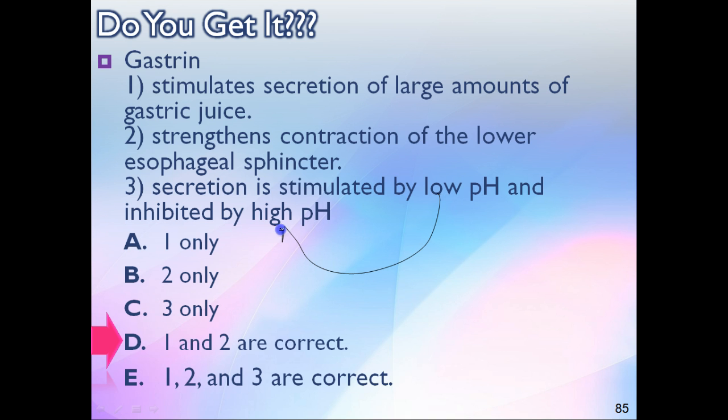It is stimulated by a high pH and inhibited by a low pH. Remember, we want the stomach to have a low pH. So if it already has a low pH, we don't need any more. If we have a high pH, we're going to need more enzymes, more hydrochloric acid. So we would need to stimulate secretions at high, but inhibit at low.